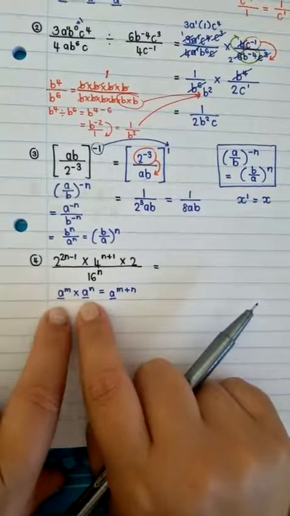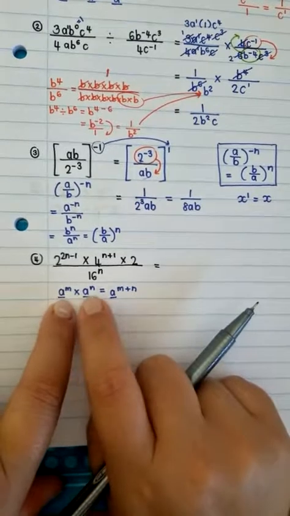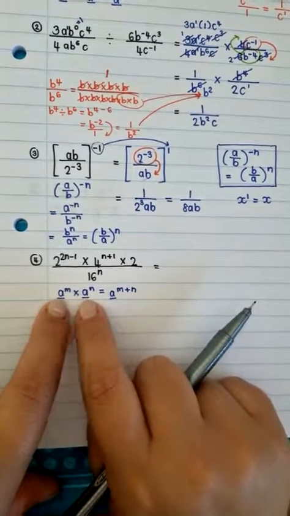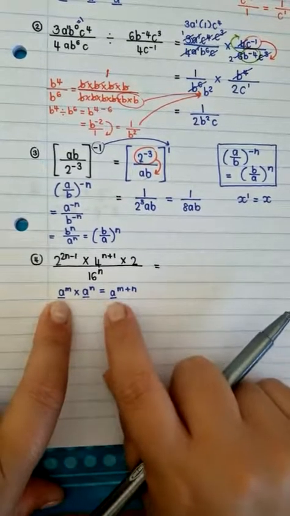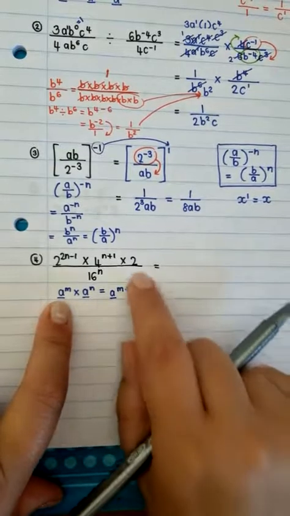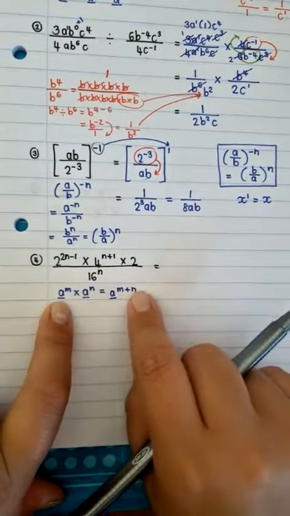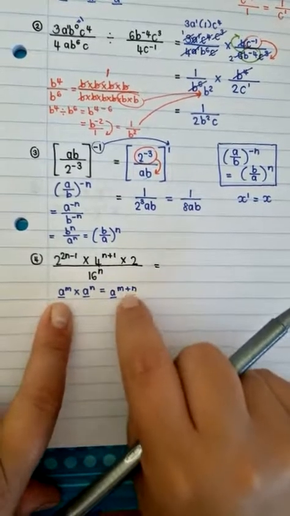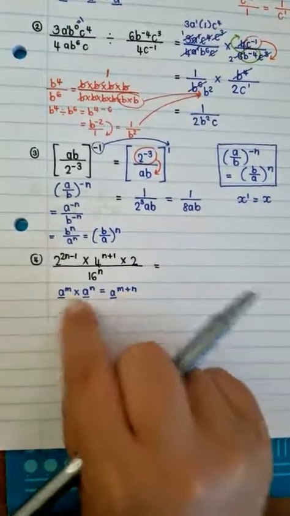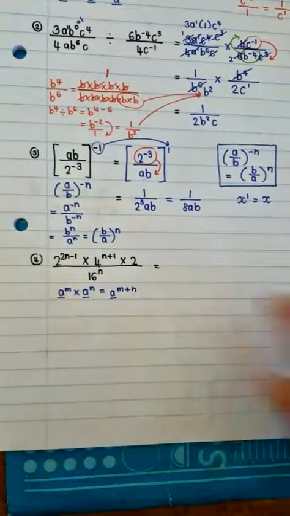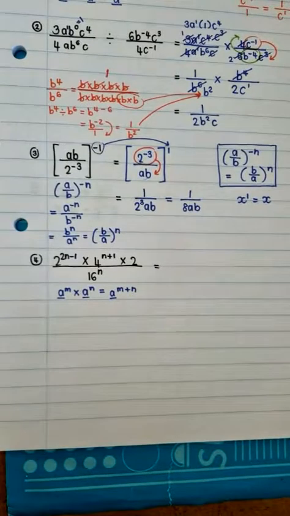So like I have here, a to the power of m times a to the power of n, same base multiplied by same base, then you end up with the same base in your answer, and only then can you add the exponents together. You cannot add the exponents together if you don't have the same bases. Alright, that is a very common misconception.